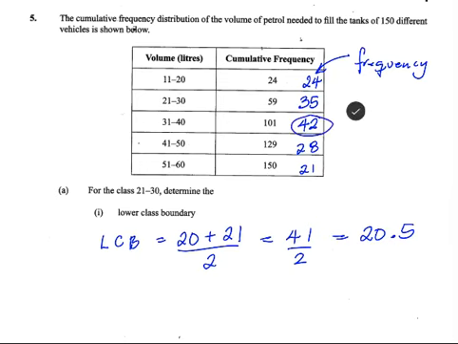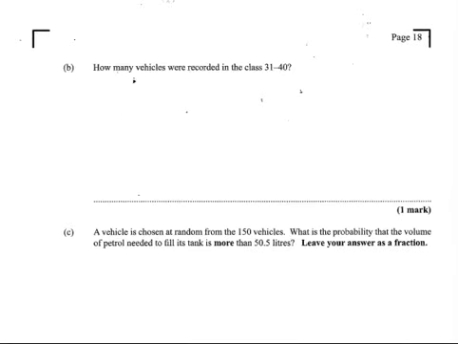Let's go back to the next page to write down the answer. The number of vehicles would be equal to 101 minus 59, and the answer is 42 vehicles.